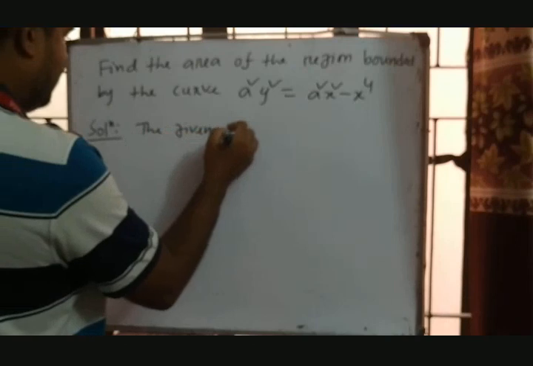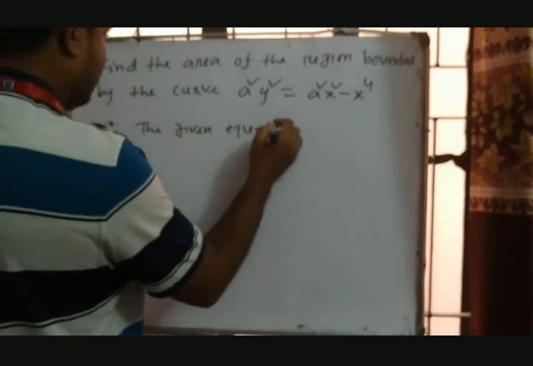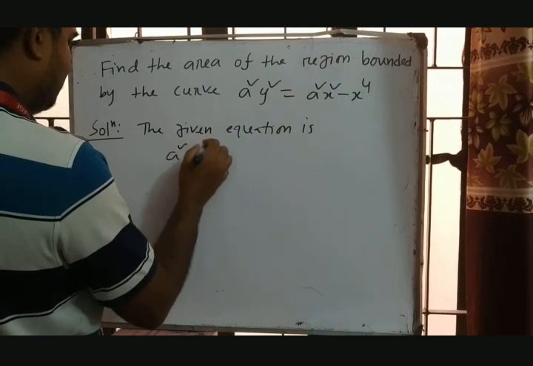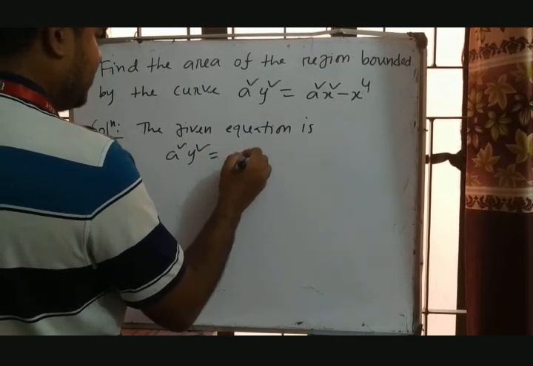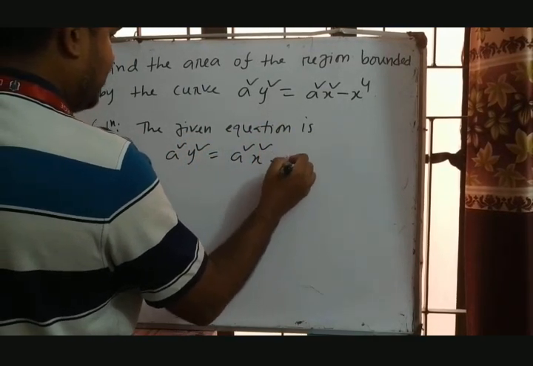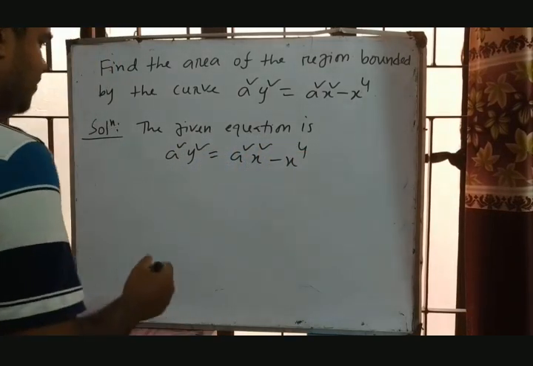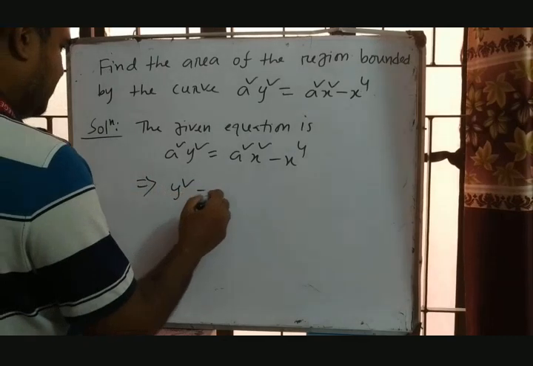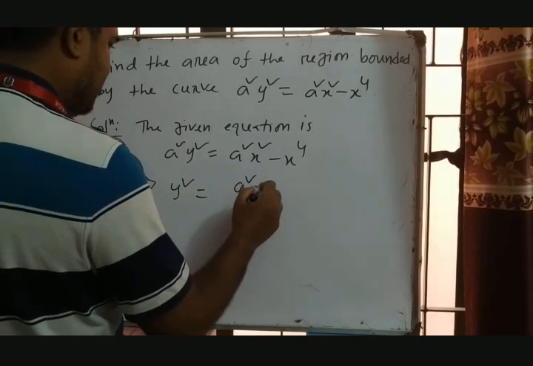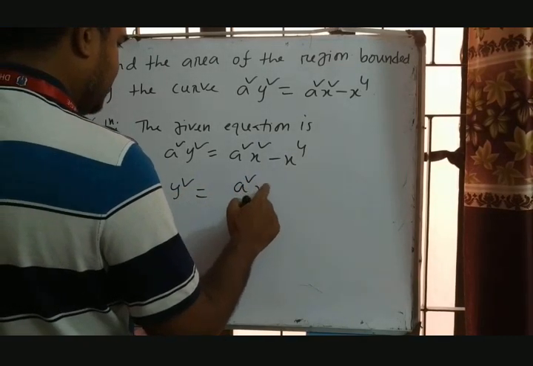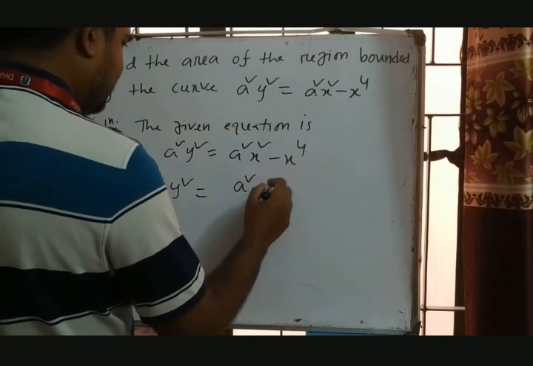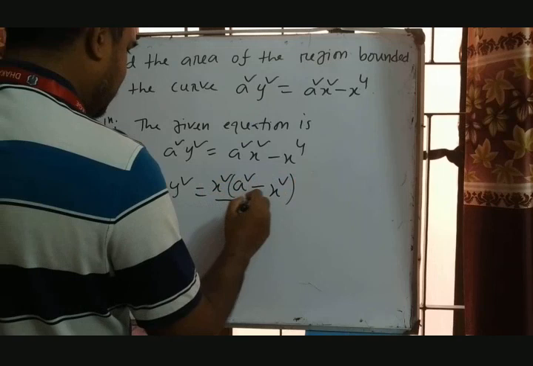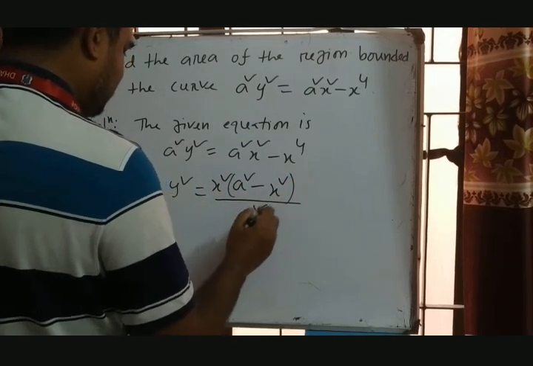the given equation is a square y square is equal to a square x square minus x to the power 4, which is equal to y square is equal to a square minus x square into x square by a square.